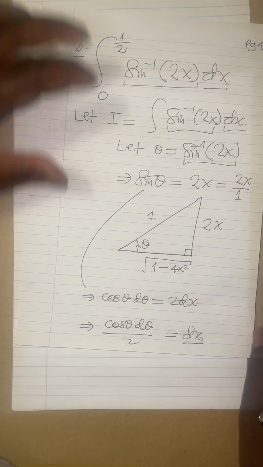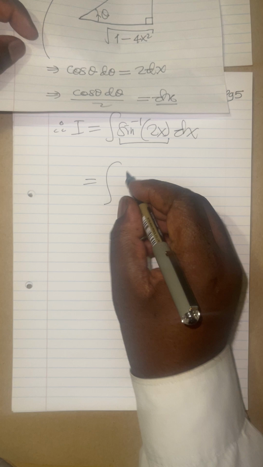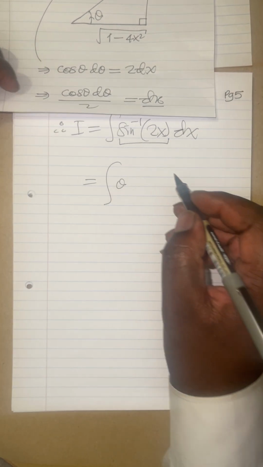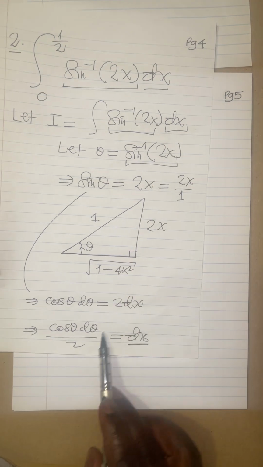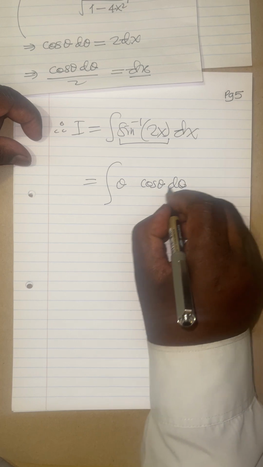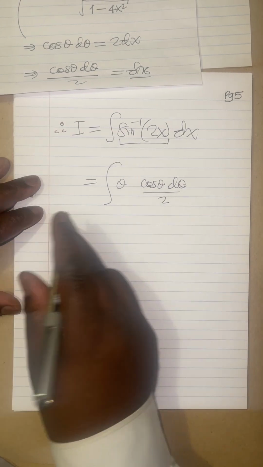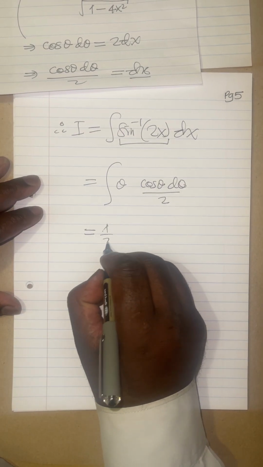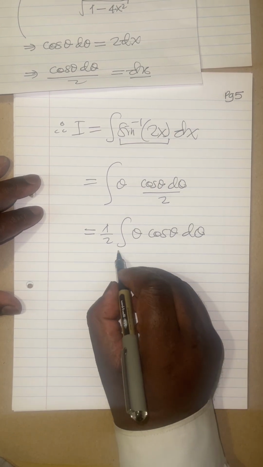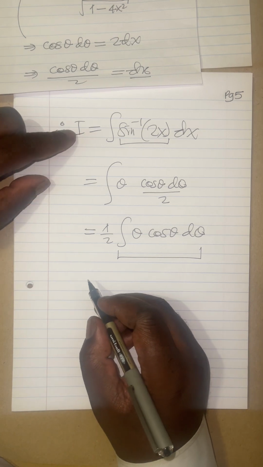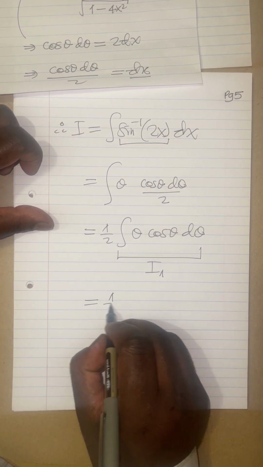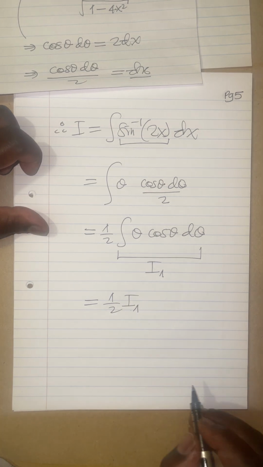And in that place, dx, I'm going to put this expression: cos of theta d theta all over 2, taking half out because it's a constant, 1 over 2, and then the integral of theta cos of theta d theta. Again, because we already have I here, I'm going to call this I1. So this is basically 1 over 2 I1, but we need to determine what I1 is.